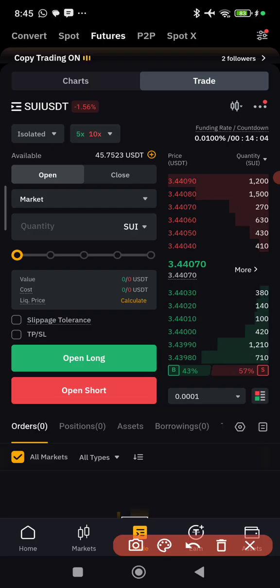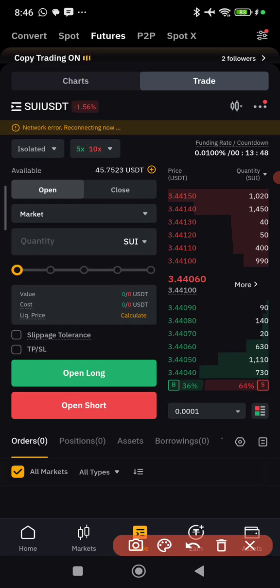Now let me explain what Isolated, Cross and Portfolio mean. Isolated simply means that any money you transfer in your spot wallet will also be used for futures as well. That is on Bybit. Binance is different. But if the money is not in your spot wallet, it will not be used for trading on futures.